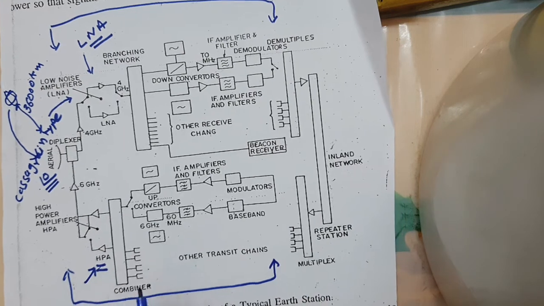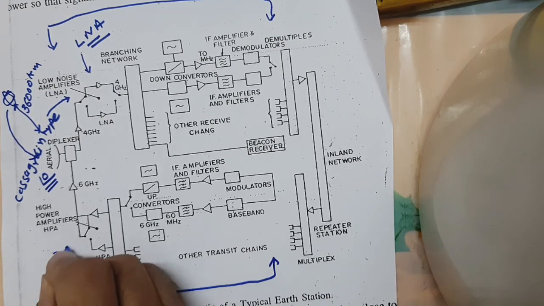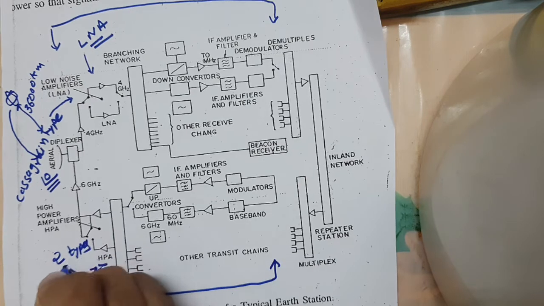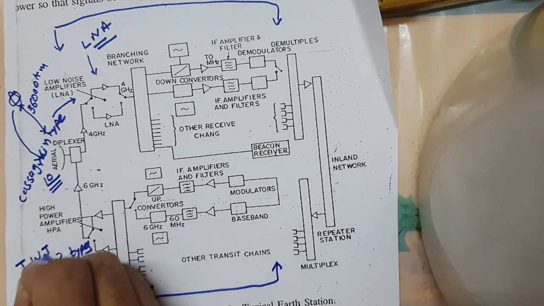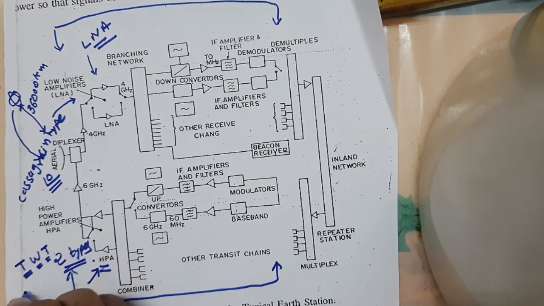For this purpose, we are using two types of HPA. The first one is the TWT type, traveling wave type, and the second one is the klystron type.